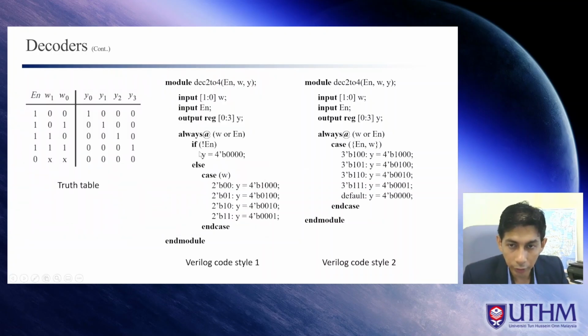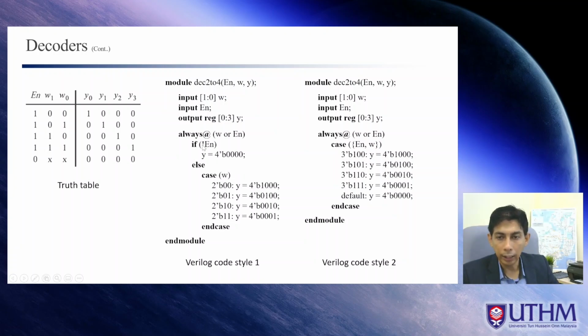If En equal to 0, we don't care about anything else. Straight away, Y must be equal to 0. And Y is 4-bit, that is why we write 4'b0000. All are 0, and this is Y0, Y1, Y2, Y3.